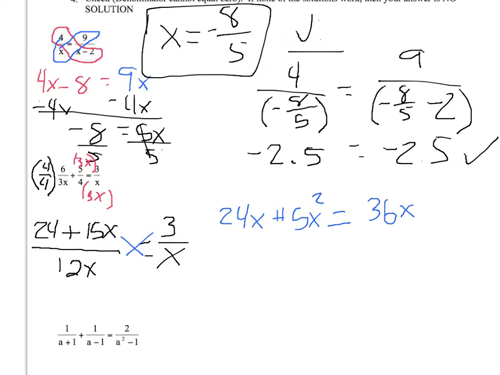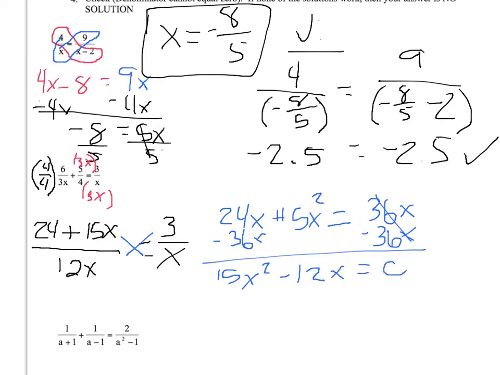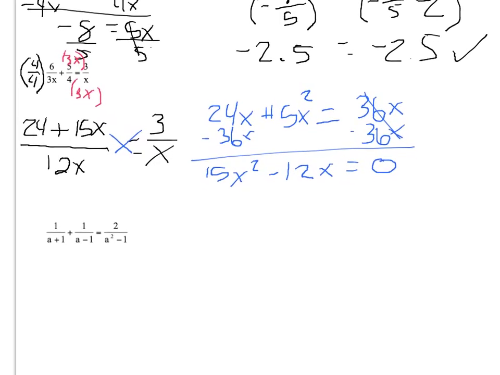Solve for x, let's set it equal to 0, so I'm going to move the 36x over to the other side. You'll have 15x squared, and then 24 minus 36 is a negative 12x equals 0. To solve this, I can see I have a GCF. The GCF between 15x squared and negative 12x is going to be 3x.